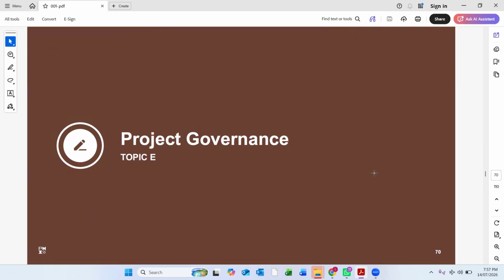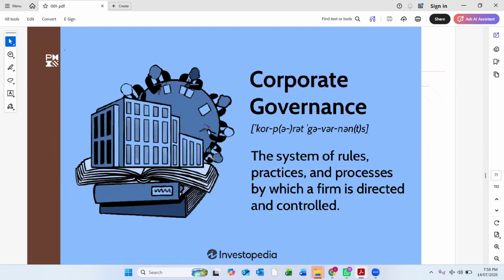Project governance, topic number E: how the project will be governed. So corporate governance, the system of rules, practices, and processes by which a firm is directed and controlled, is called corporate governance. How it is ruled, what are the practices, what are the processes.